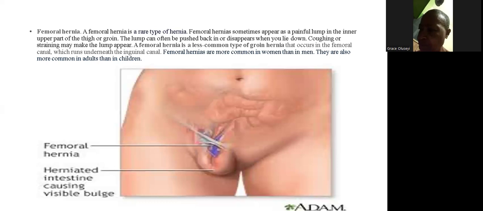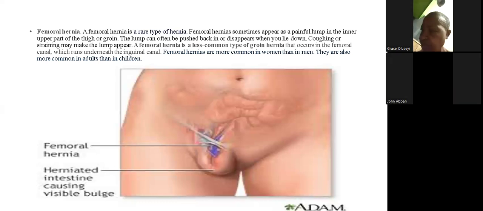The only difference between this and the inguinal hernia is that with this particular type, when you relax, the swelling goes down. It is only when the patient coughs, it's only when the patient picks up something heavy, you now find this particular bulge coming out. So it is as painful as the first one.